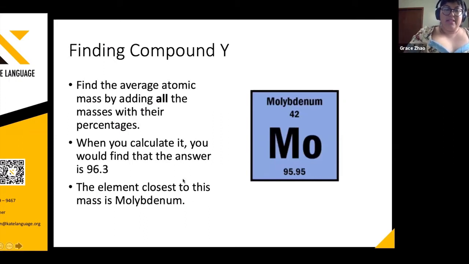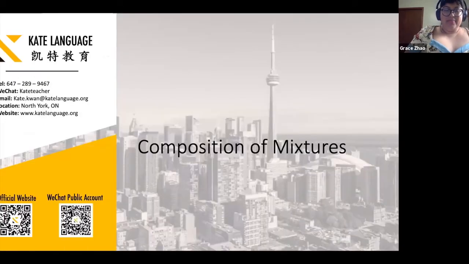And this is the mass of this really weird element called molybdenum. It sounds really weird, I think it might be Russian if I'm not mistaken. So any questions there? This is actually just a taste of what the exam could look like, but I'll show you the neat tricks here and there to help solve it, okay?